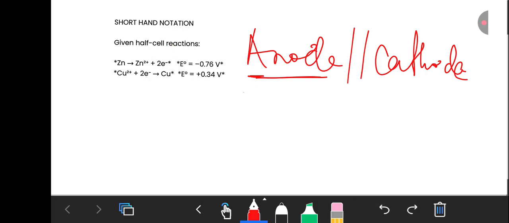So to write the cell notation, we'll always start with the electrode where oxidation is taking place. So we're going to say zinc, then we put one line, and the state is solid.